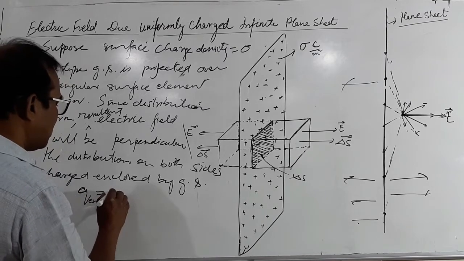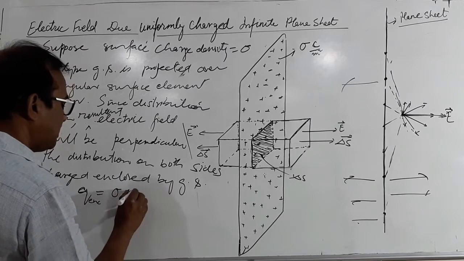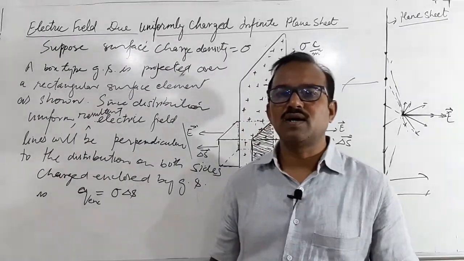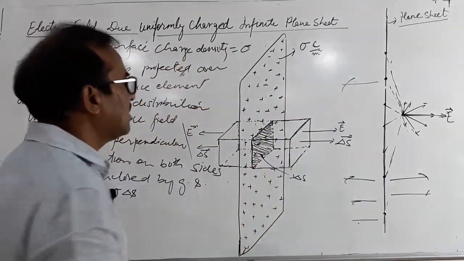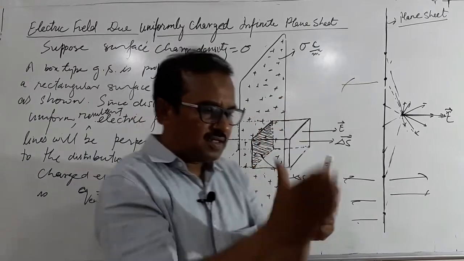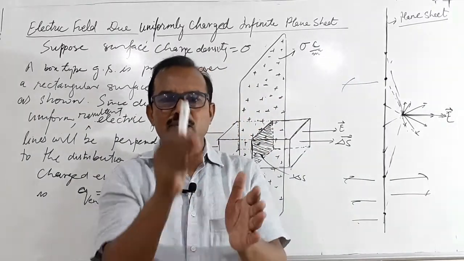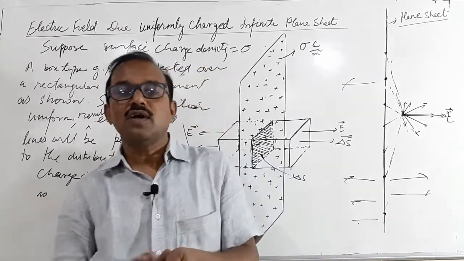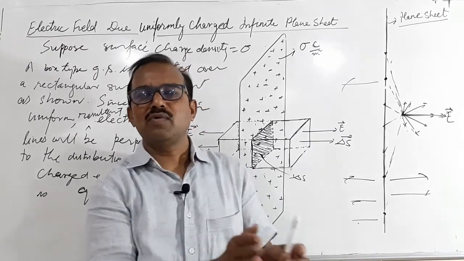Q enclosed is sigma delta S, where sigma is the uniform charge density and delta S is the area, and this is a thin sheet of charges. The field lines are perpendicular to this distribution and emerge from the charge in both directions.